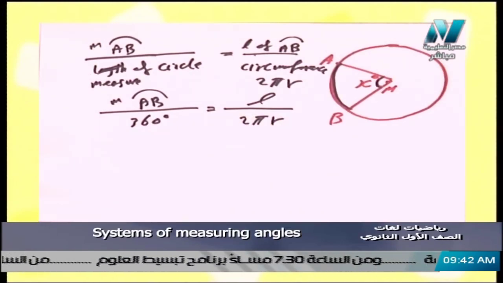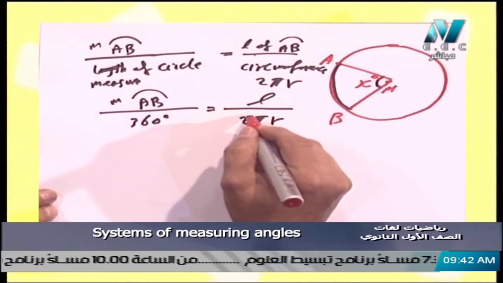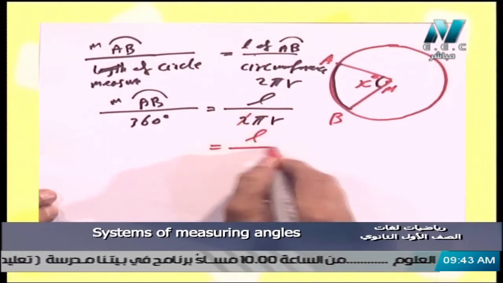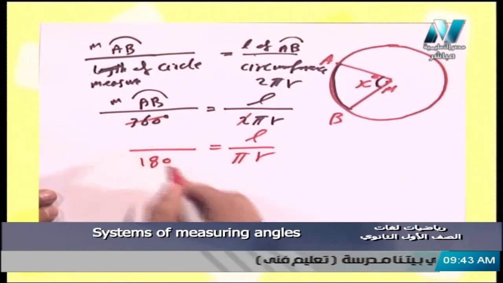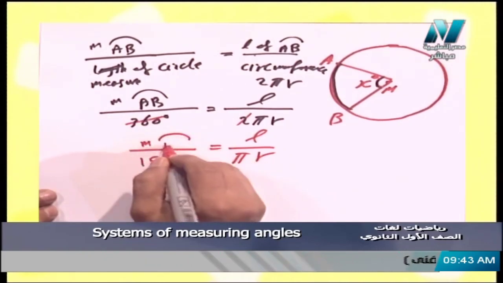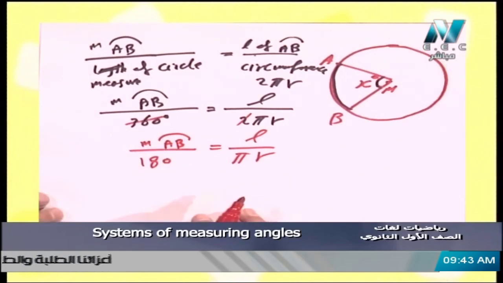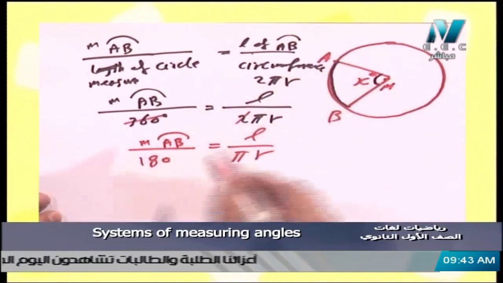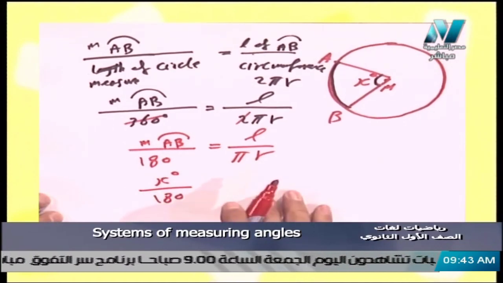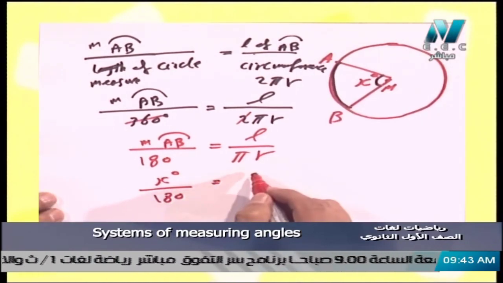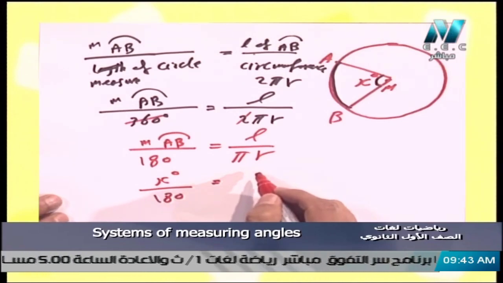By cancelling 2 here, it will be L over pi r, and of course 360 divided by 2 will be 180. So the measure of arc AB, x degrees, over 180 equals L over pi r.